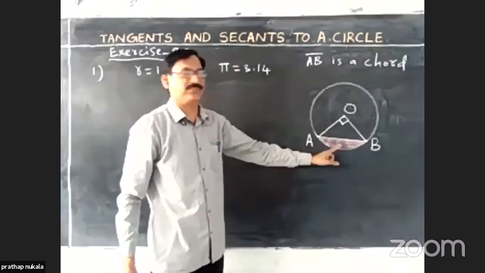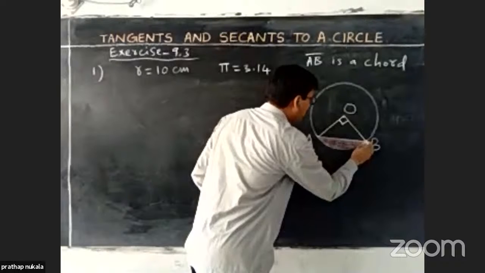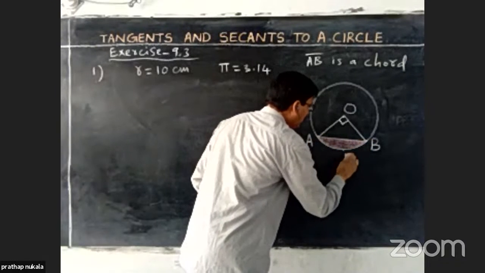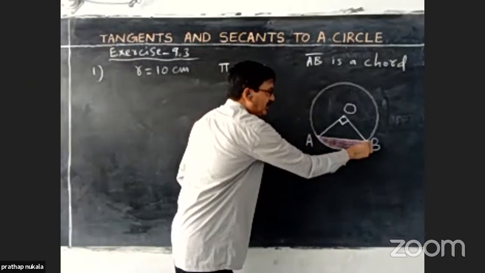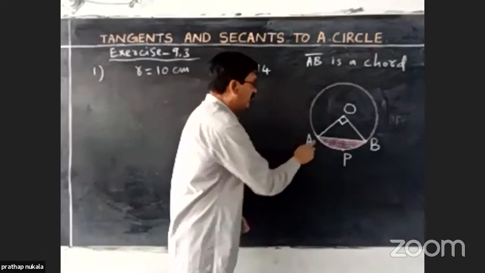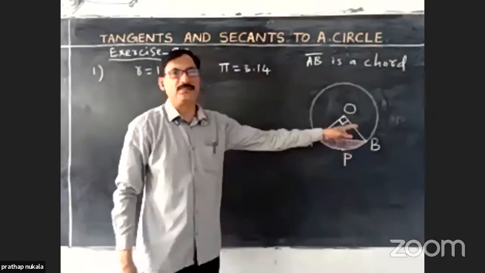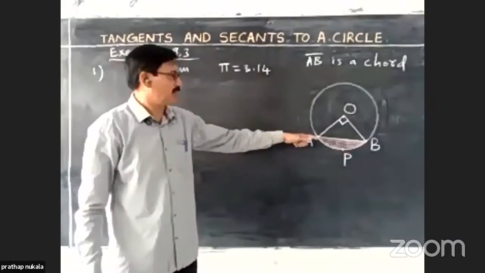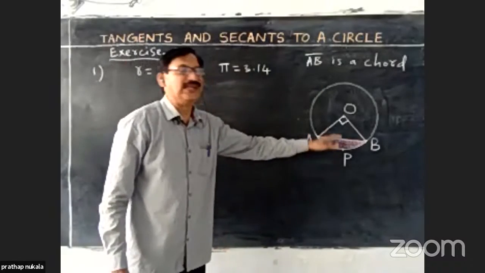If you put some point P on this arc AB, then the region APBA, some part of the circle, is known as the minor segment.